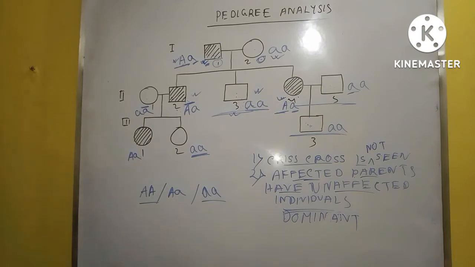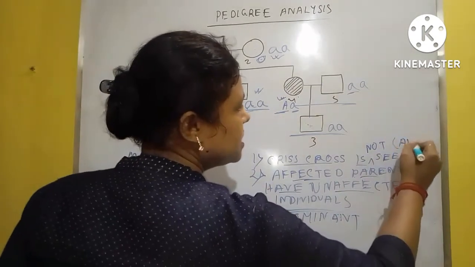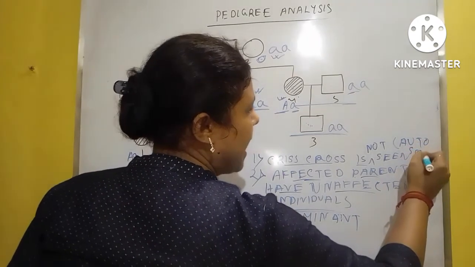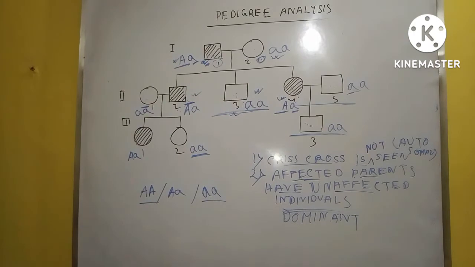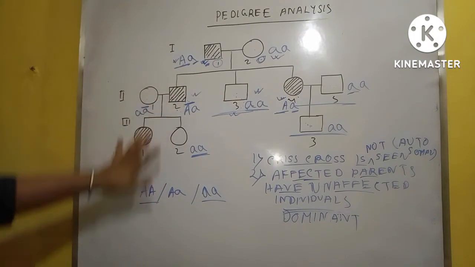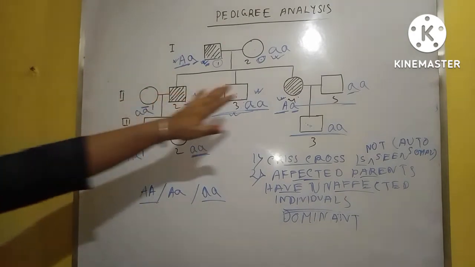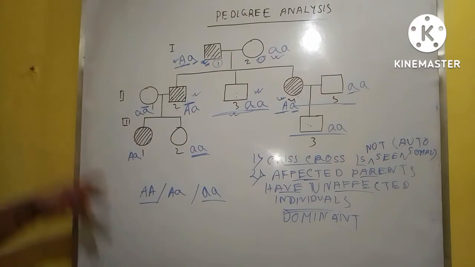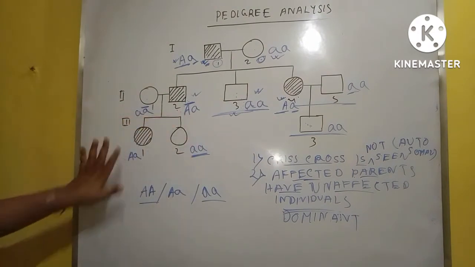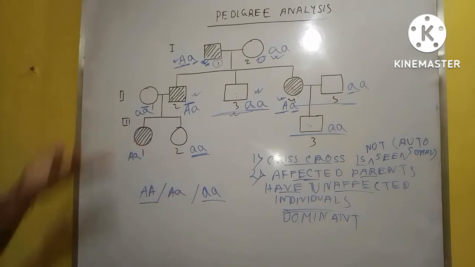This is autosomal and dominant. Clear? And another important feature: generation skipping is not seen here. You can see that generation after generation it is happening. When this gene is transmitted, the individual remains in the disease form. So skipping of the generation is not seen here.